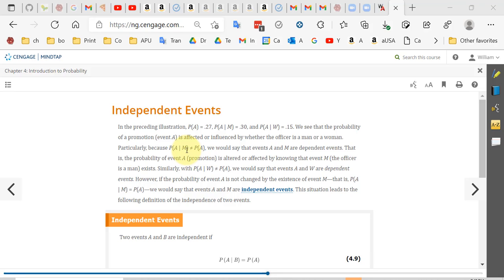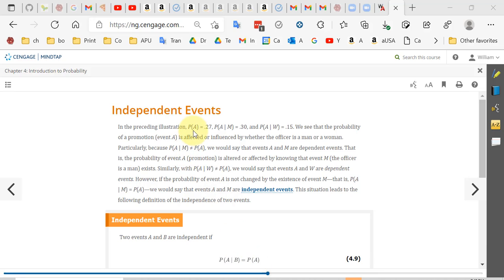In other words, if you're a male, that changes what the probability of A is, because the probability of A just by itself, according to this, and we did this somewhere before, is 0.27, and then given that you're M, that changes things. So the probability of A given M is not equal to the probability of A. If it was, then we would say A and M are independent.